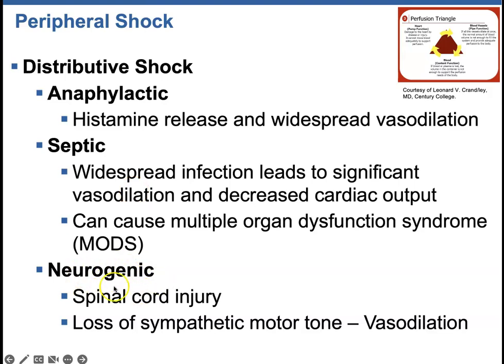And then the neurogenic shock, this is what happens with spinal cord injury, where wherever the spinal cord injury has occurred, below that injury, remember, the spinal cord contains the preganglionic neurons that are going to go to the postganglionic neuron that then innervates the actual organ.